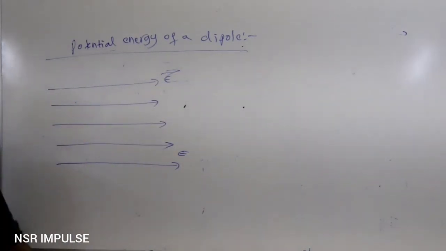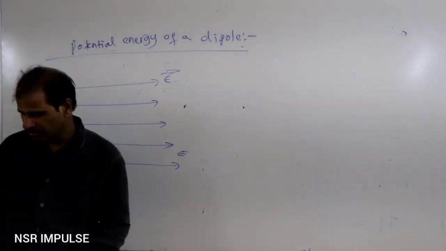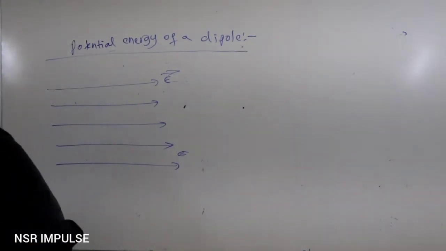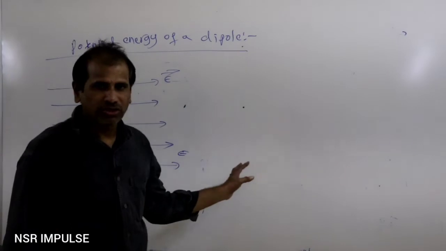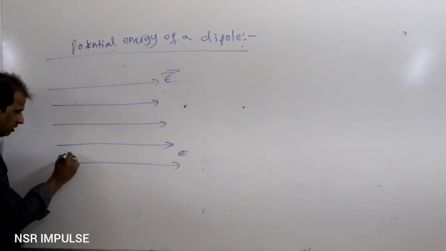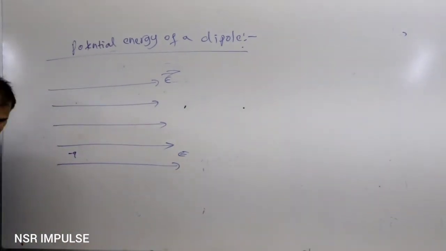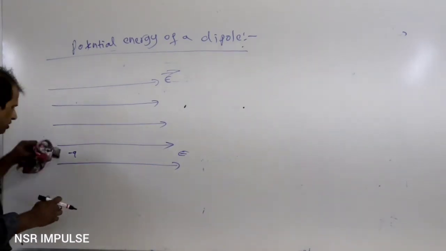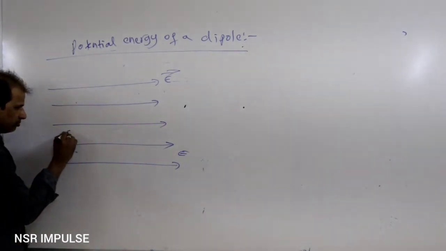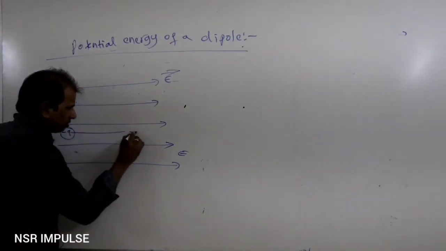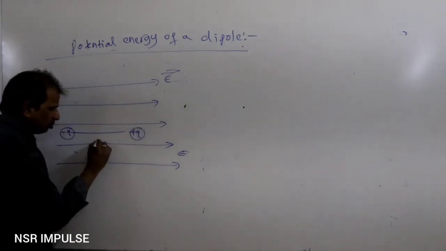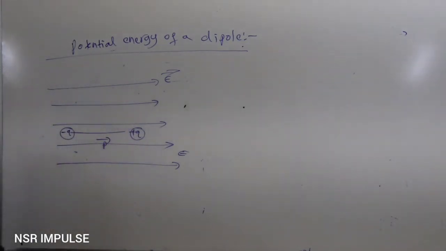This electric field we call a uniform electric field. In this uniform electric field, a dipole is initially placed parallel like this, minus q and plus q. The dipole moment is parallel to the electric field.